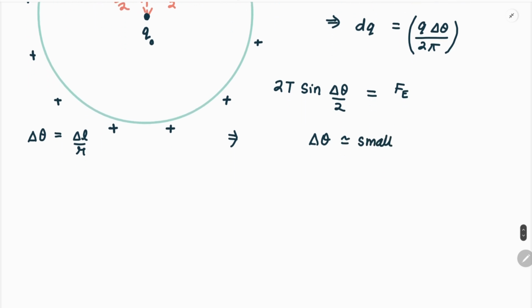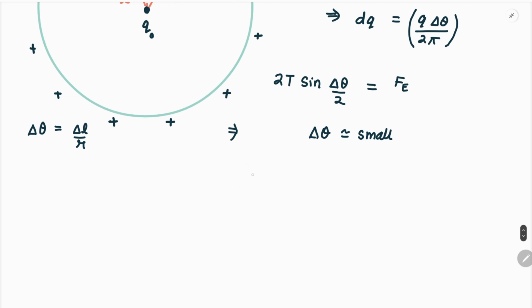So if delta theta is very small, then we can write it as 2T delta theta by 2 is equal to k, that is 1 upon 4 pi epsilon naught, q naught, which is centrally placed, and the charge on the elemental patch, q delta theta upon 2 pi. So this is the value that we obtain.